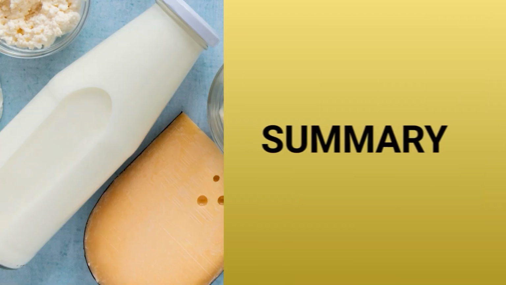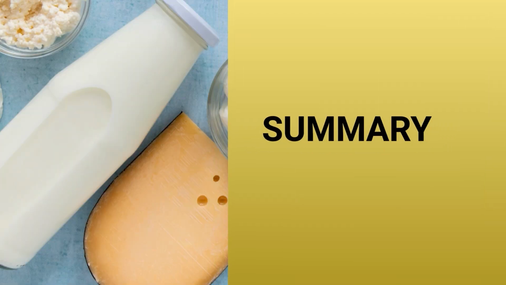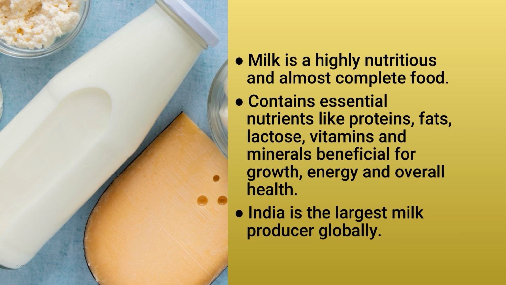So, to conclude, what we have in the basic aspects of milk and milk products is, first, milk is a highly nutritious and almost complete food. It contains nutrients like proteins, fat, lactose, vitamins and minerals, which are beneficial for growth, energy and overall health.